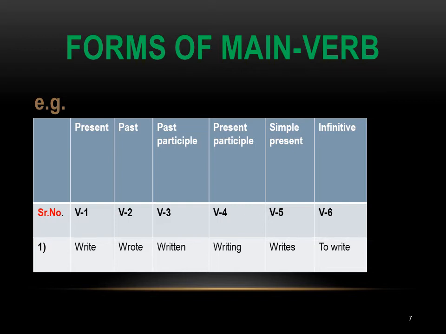Next, writes means simple present form of verb. Next, to write, infinitive form of verb. Here I mention V1, V2, V3, V4, V5, V6. V means verb. Verb 1, verb 2, verb 3, verb 4, verb 5, verb 6. All of you understood? Okay.